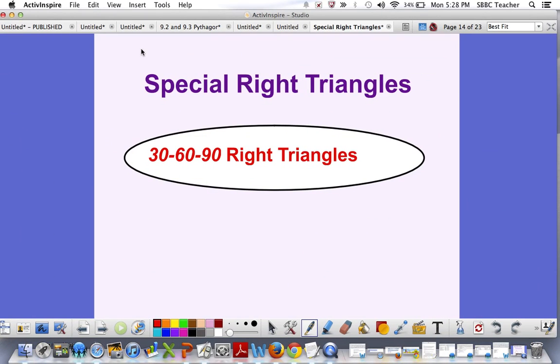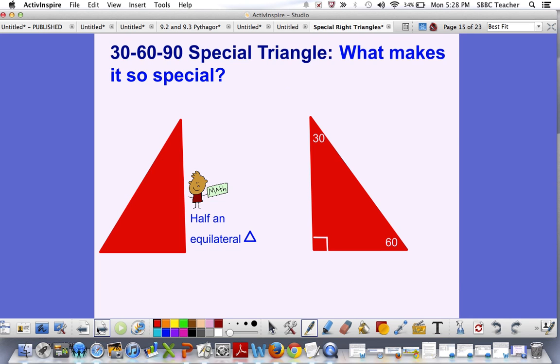Okay, now we're looking at the 30, 60, 90 triangles. The 30, 60, 90 special triangle is special because it is actually half of an equilateral triangle.